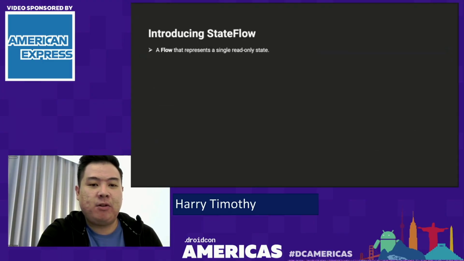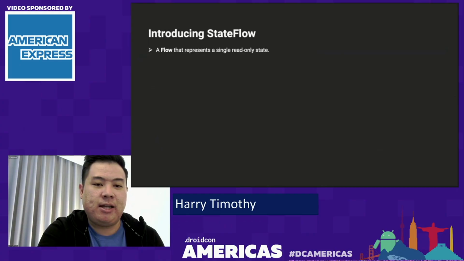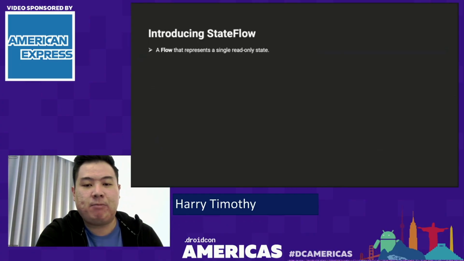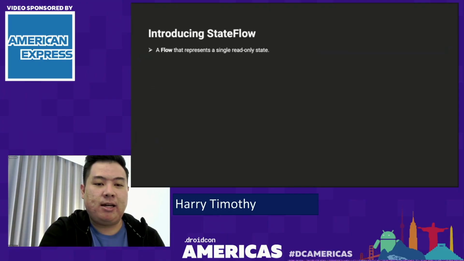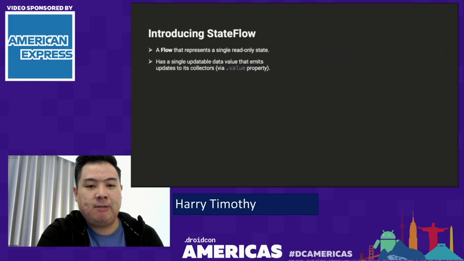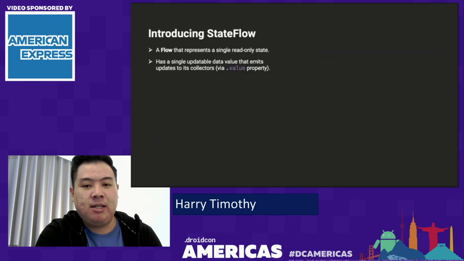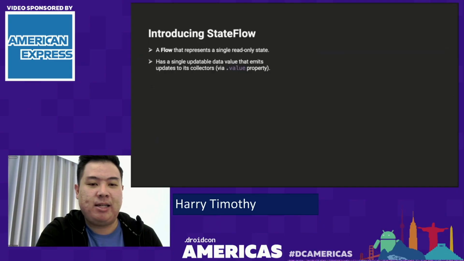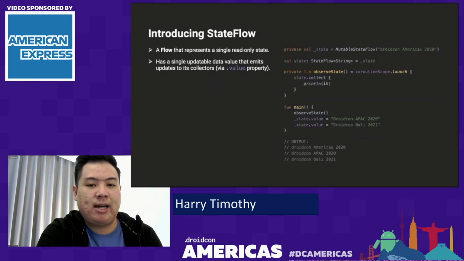This means StateFlow inherits flow operators, for example, map, filter, zip, collect, fold, and the others. And it has a single updatable data value that emits updates to its collectors. This sounds very similar to LiveData, considering the fact that it also has an immutable version of itself.